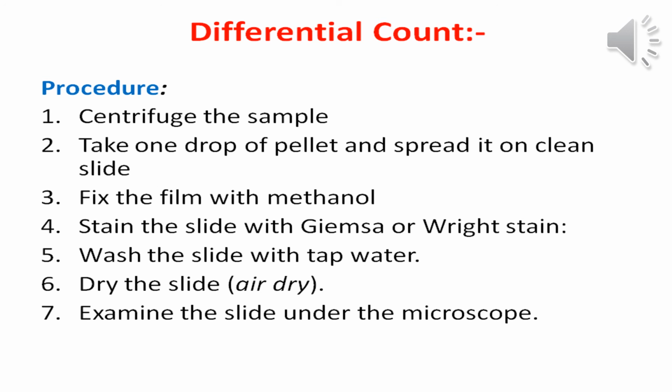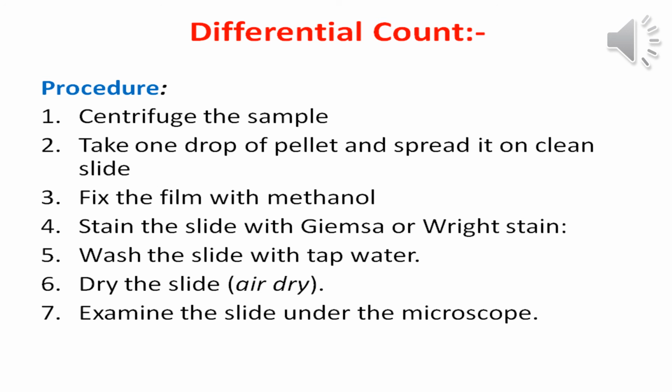The Giemsa stain, you can add it over the slide and keep it for 10 minutes. Then you can wash the slide with tap water to remove the excess Giemsa stain and dry the slide. Then you can examine it under the oil immersion lens. Under the oil immersion lens, you can see the white BC.